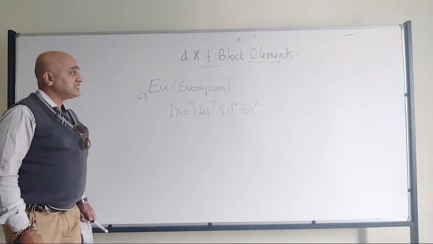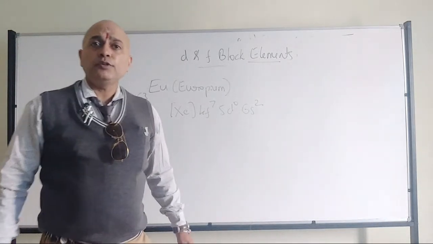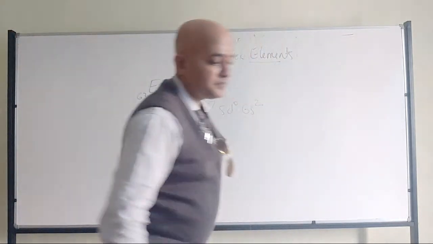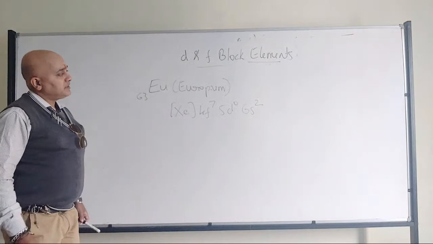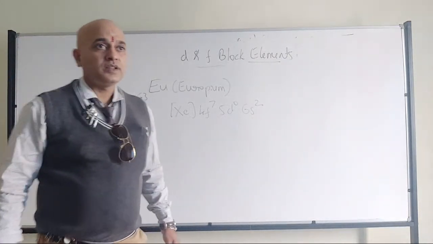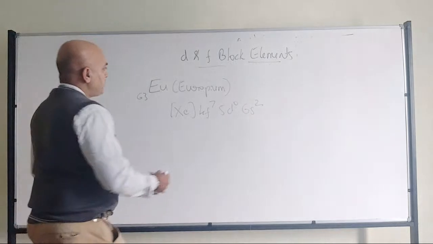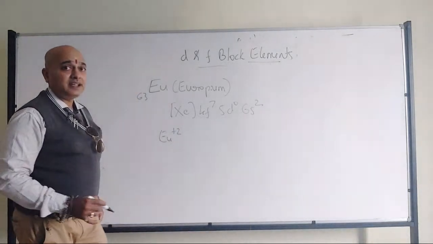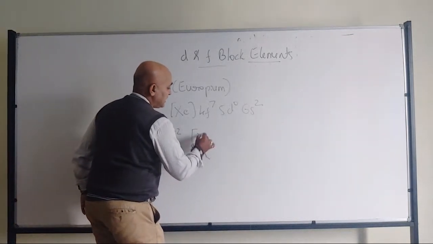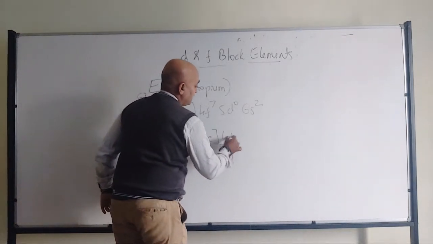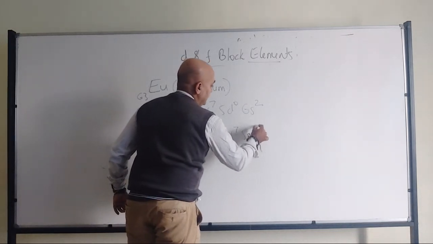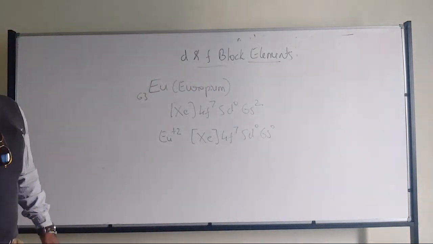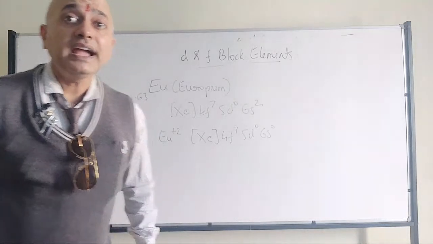Now if you observe this element, whether it will prefer to show +3, no, it will prefer to have +2, because it will attain stability by having a half-filled F subshell.